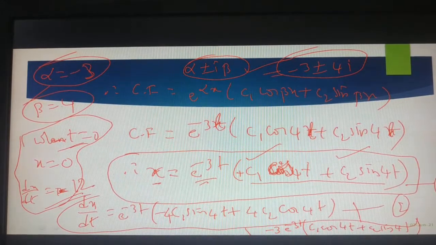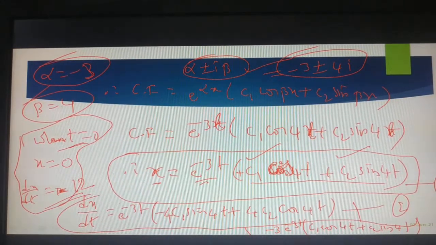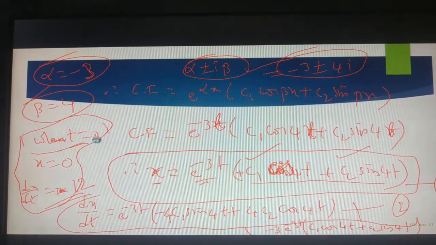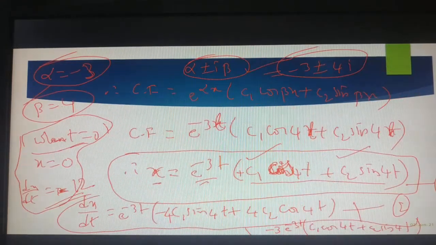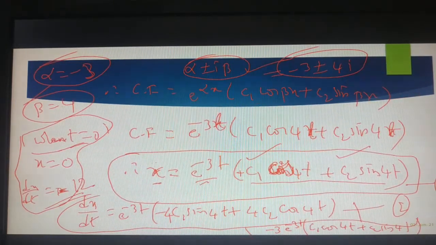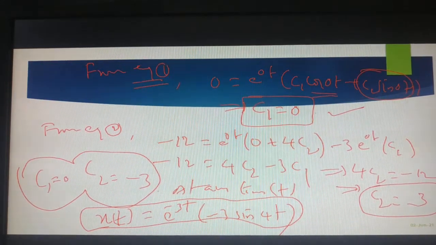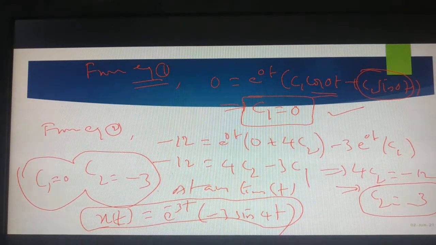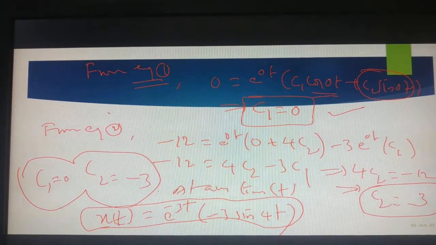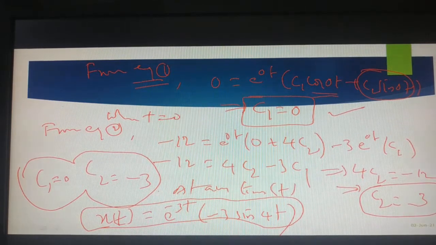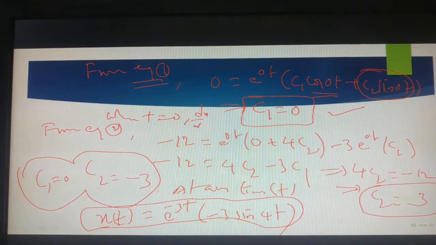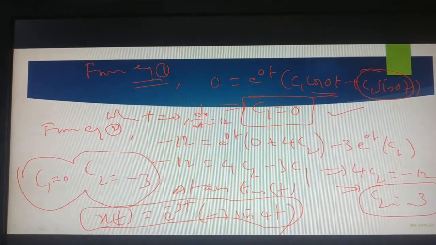Once we find x and dx by dt, we apply your conditions. The first condition is x equal to 0 when t is equal to 0. So from equation 1, when I substituted x equal to 0 when t equal to 0, I got the c1 value, that is 0. Similarly, in the second equation, when t is equal to 0, dx by dt value is minus 12, which I substituted here.